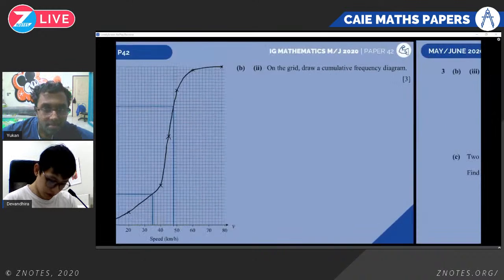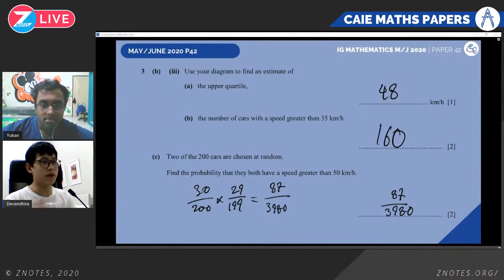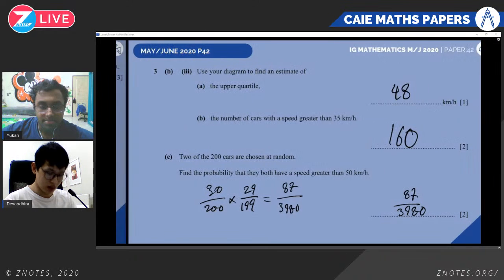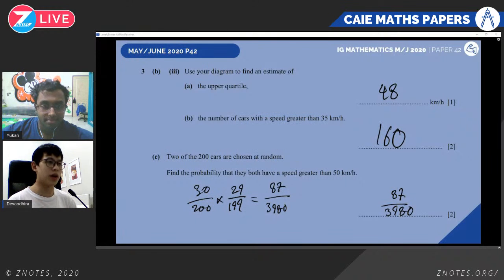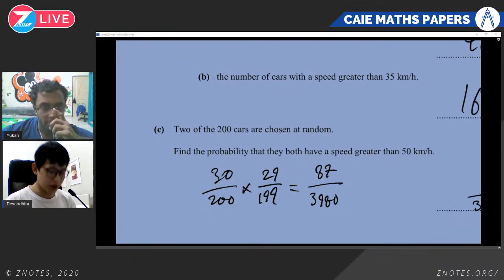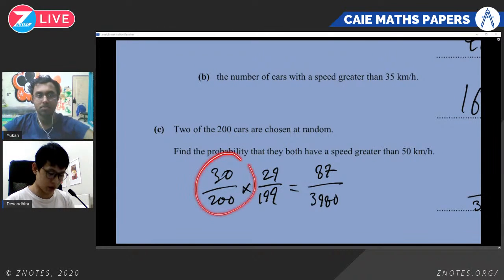But we're looking for greater than 50. That means instead of 170, we focus on the 30, which are greater than 50. So we're taking two cars. There are 30 cars greater than 50 and 200 cars in total. That means our first probability is 30 over 200.